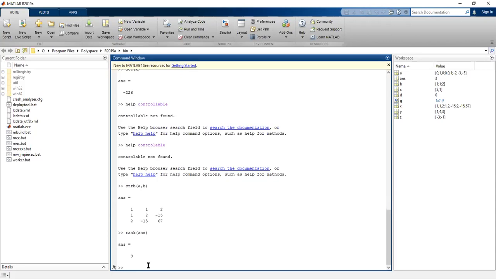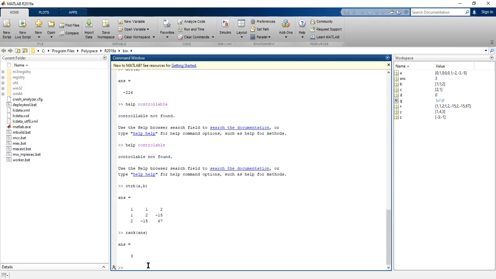Instead of typing in determinant, you can also type in the rank of the matrix, and since this is a 3 by 3 matrix, the rank is supposed to be 3. That is full rank. So therefore, you have 3 distinct equations, so you can solve it for x1, x2, and x3.